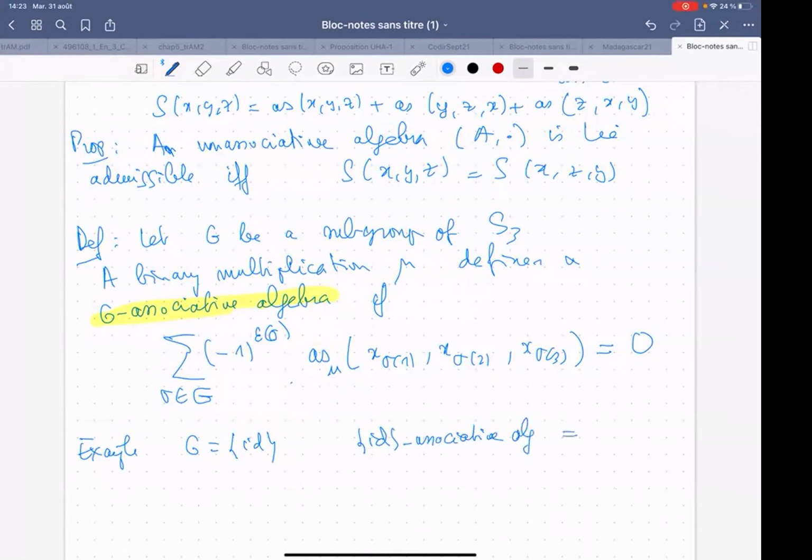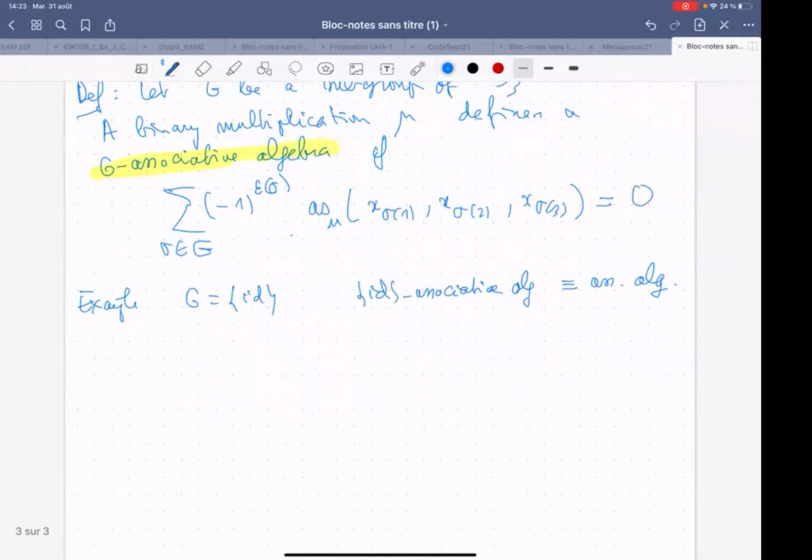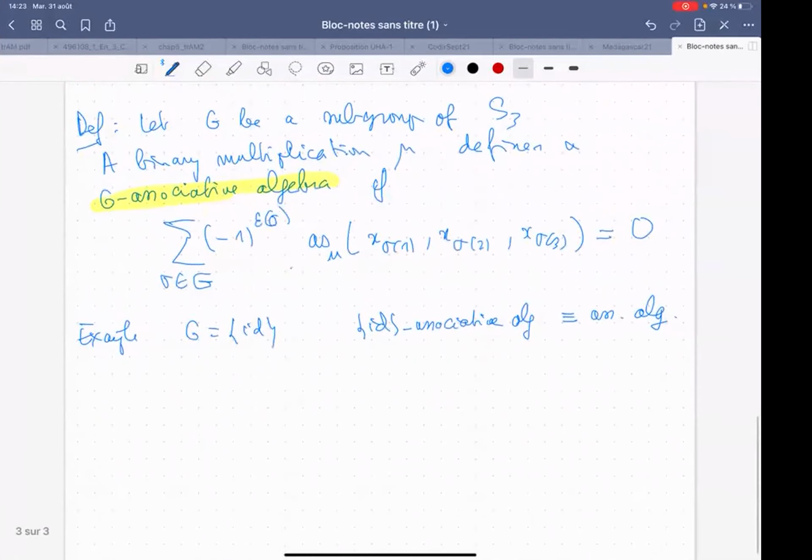But of course we may have other examples if we deal with other subgroups of S3. And the interesting result here is that any G-associative algebra is Lie admissible.